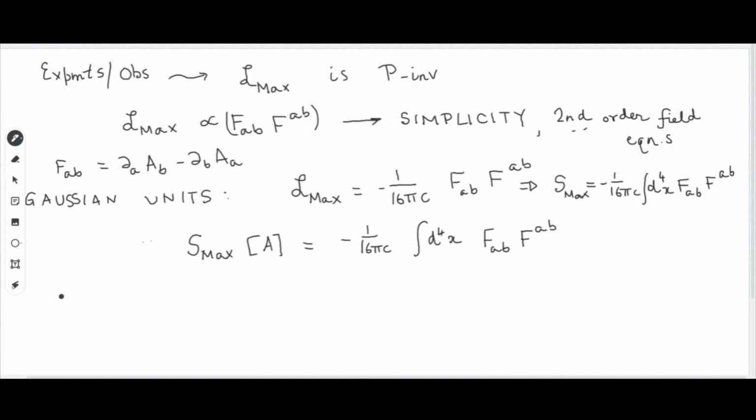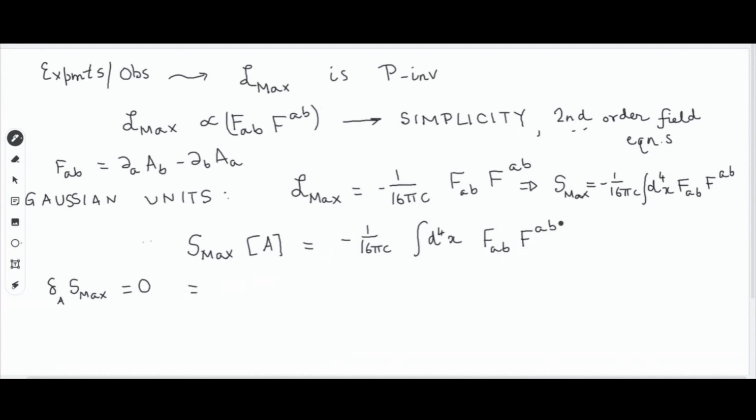So now we want to make a variation and see if we do indeed get the homogeneous equation of motion for A, which we know. We can talk about projections, solutions, etc. later on, but right now, the variation. So delta_A S_Maxwell must be equal to 0. And now let us see this.